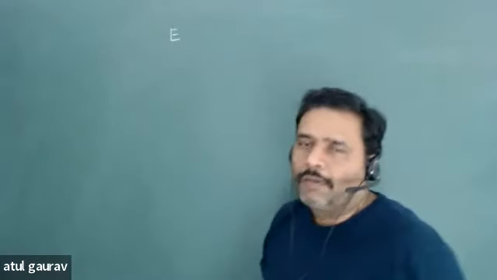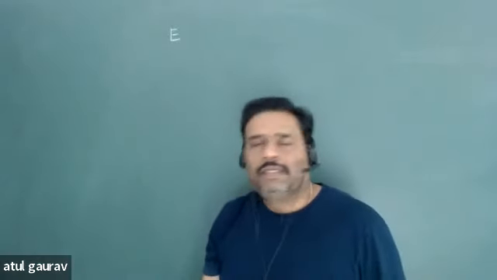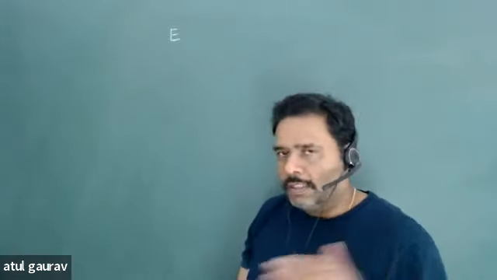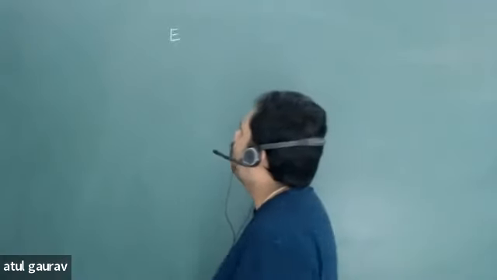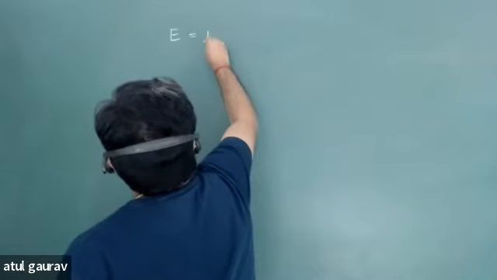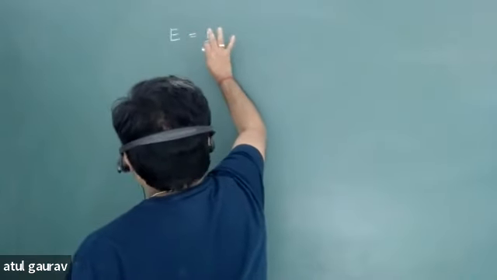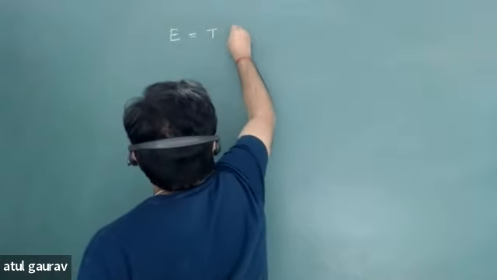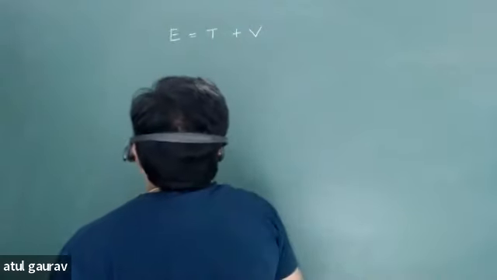If I am talking about a conservative system, that means your energy is not a function of time, and the energy is conserved basically. So energy is constant. Suppose this is my energy, and this can be written as half, and you have to write the kinetic energy first, and then you have to go for potential energy.